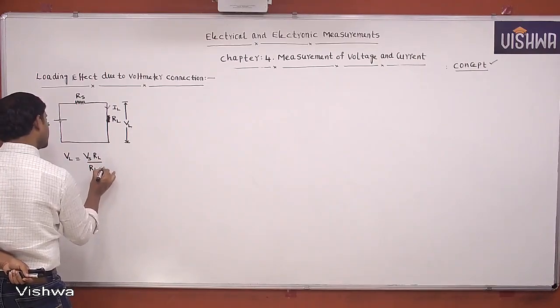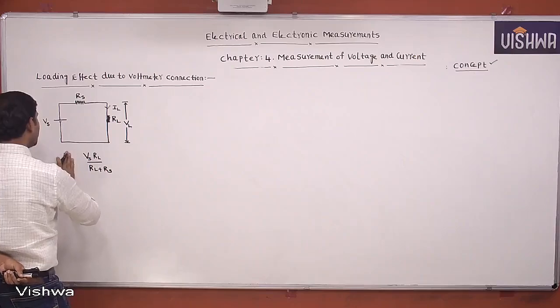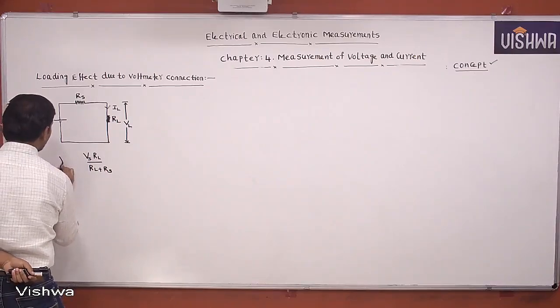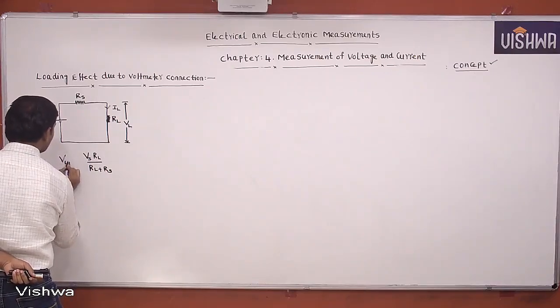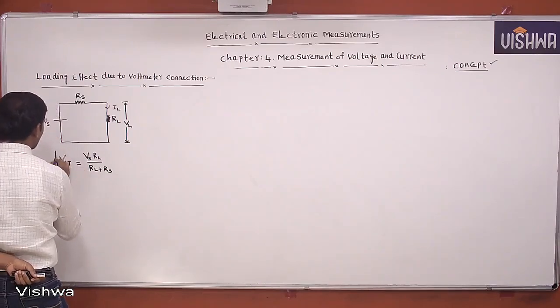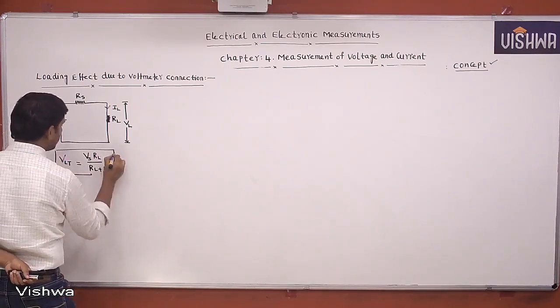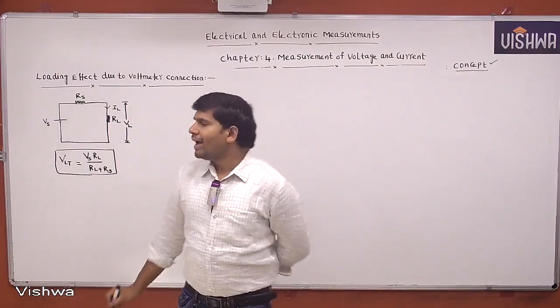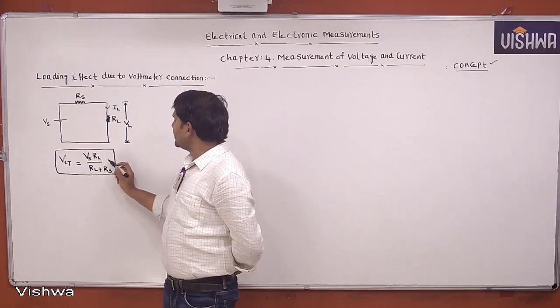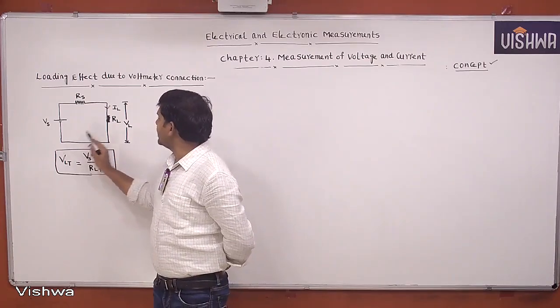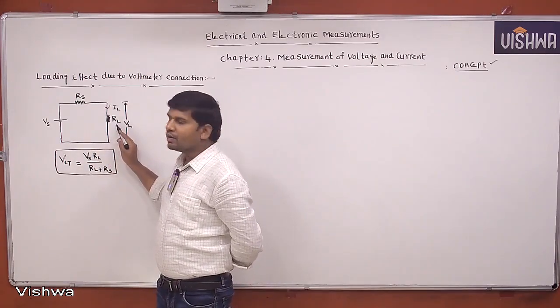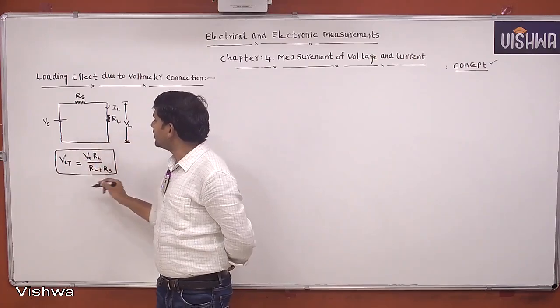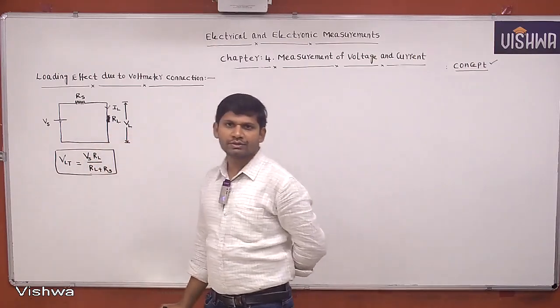Whatever the voltage is measured by using this circuit, this is the true value of load voltage. Why it is a true value of load voltage means we measured exactly the voltage across the RL resistance, load resistance. That's why it is nothing but a true value of load voltage.